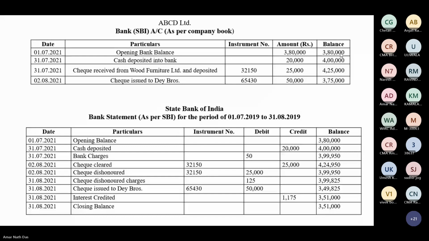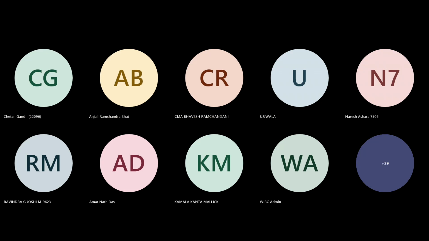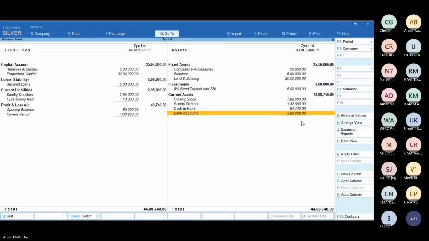Okay, done. So I get back to my Tally and try to show you. This is 3,80,000 at the beginning of the month.